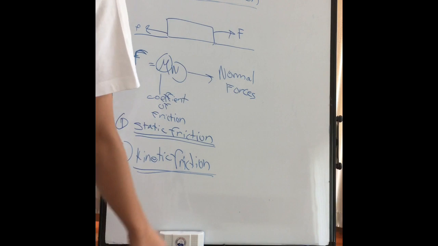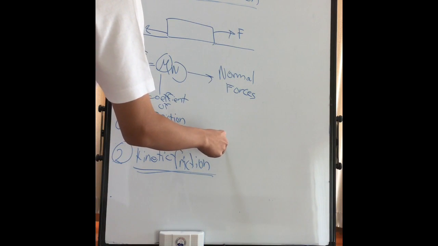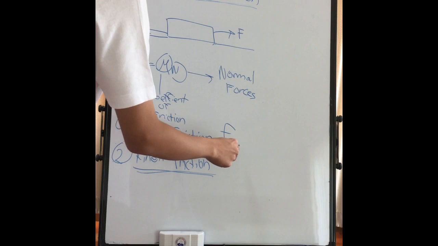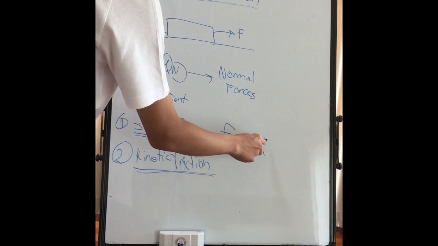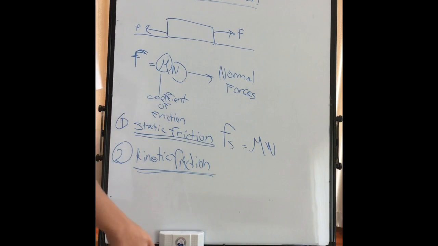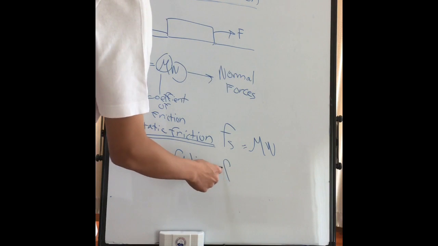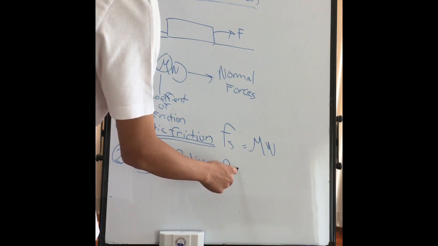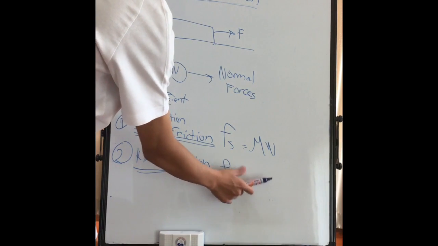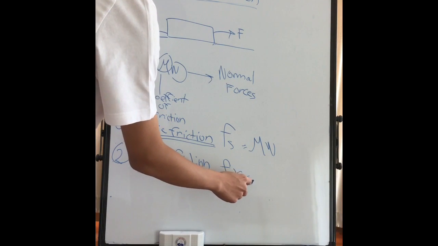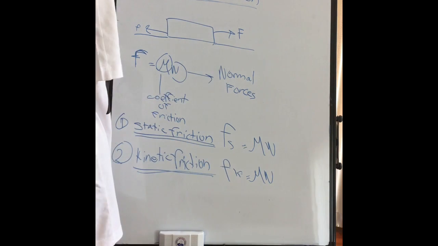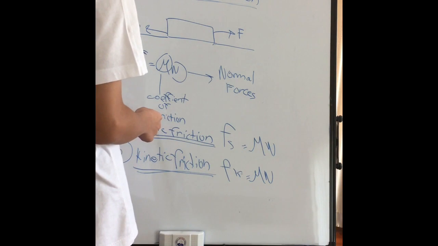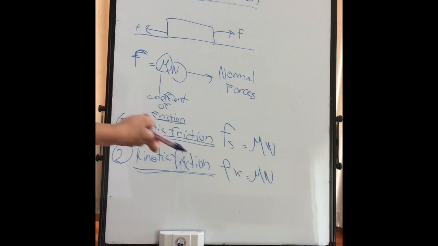So the equations are: static friction equals mu n, and kinetic friction equals mu n too. So it's exactly the same as this. Mu is the coefficient of friction and n is the normal force.